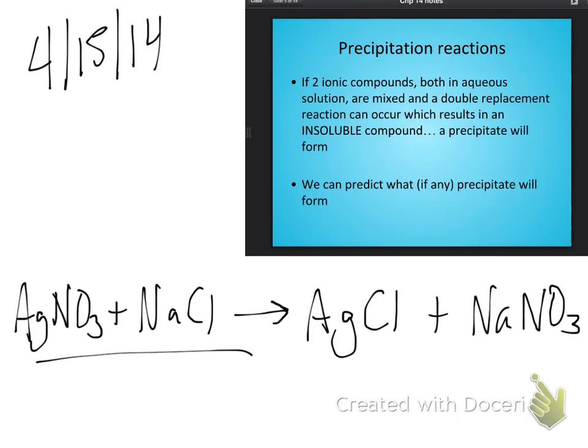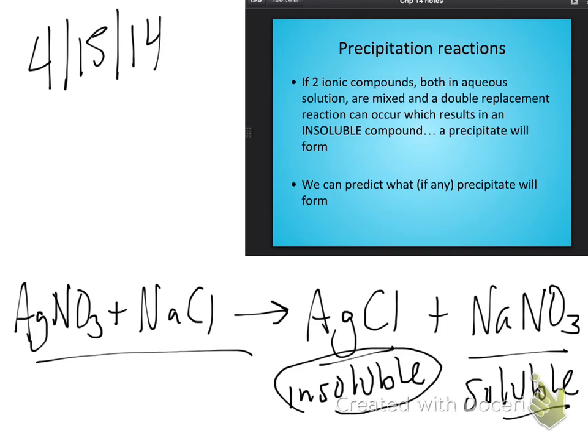So I want you to get the predicting solubility table you had yesterday. You can get it from your quiz, you can get it from your book. And I want you to look up the solubilities for both of these compounds. So we've established that sodium nitrate is soluble, looking at the guidelines for solubility. So we find that silver chloride is insoluble. What do you think that precipitate was then? It was silver chloride. We formed an insoluble product.